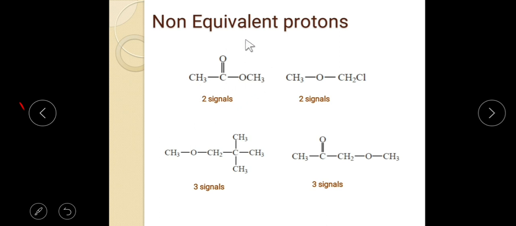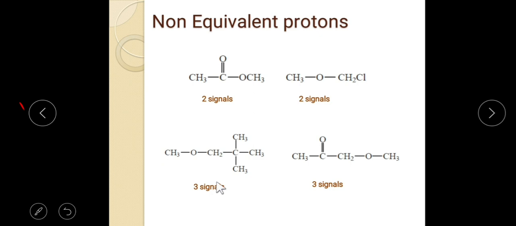That's why this molecule will show 2 signals in H1 NMR spectroscopy. Similarly, in methoxymethyl chloride, CH3 is attached to oxygen and CH2 is attached to the chlorine and oxygen. That means CH3 will have one signal and CH2 will have another signal. So this molecule also shows 2 signals in H1 NMR spectroscopy.